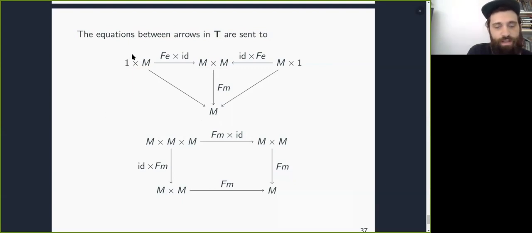So then the image of this left triangle under the functor is going to be f times e times the identity. So this f times e is going to operate on this 1 to m, right? So this is picking out the identity element.